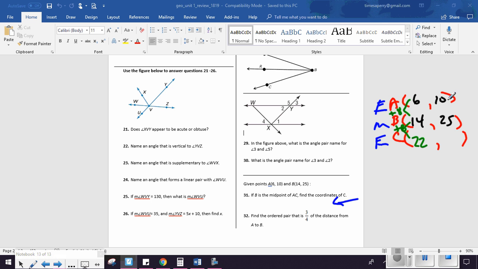Over here on my y's, I go from 10 to 25, so that's an increase by 15. So if I continue to increase by 15, I would end up at 40. So point C has the coordinates 22, 40.